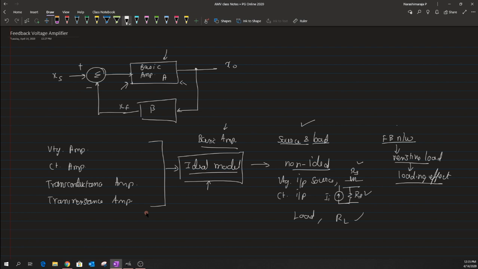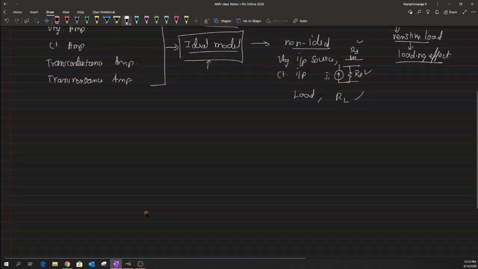Now in today's class, our major focus would be on the voltage amplifier, and let me start the discussion with two kinds of cases. Let me write it as a voltage amplifier with feedback.